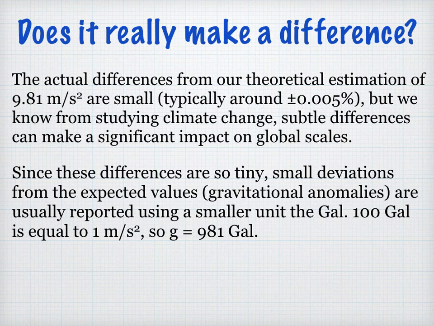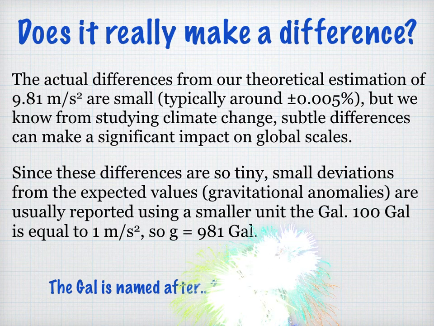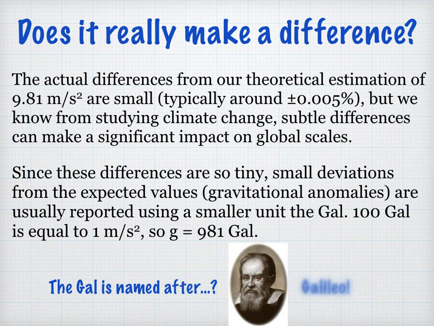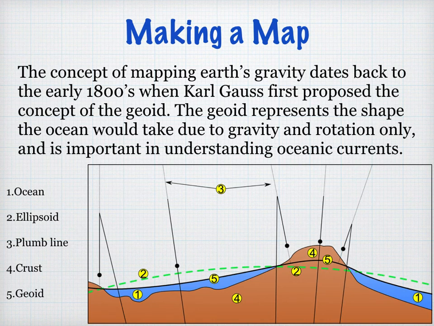So 100 gal is equivalent to 1 meter per second squared, and in this way we could rewrite g as 981 gal. So I'll let you guess who the gal is named after? That's right, it's Galileo.